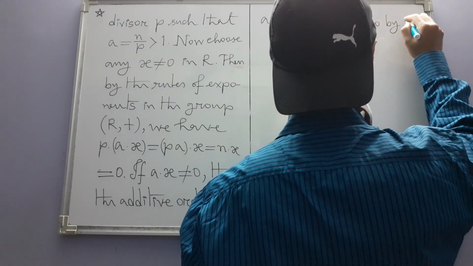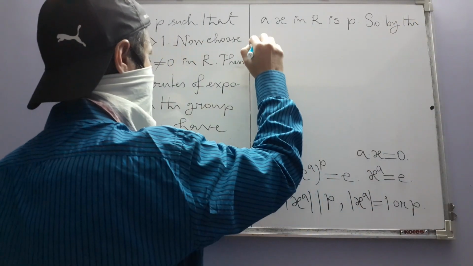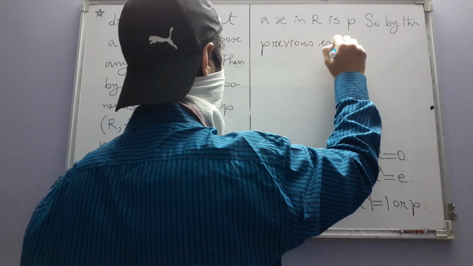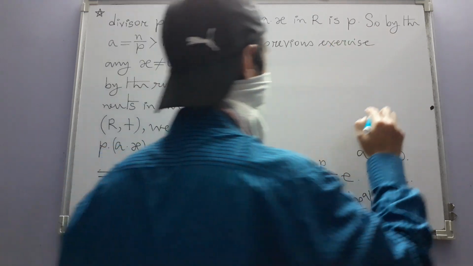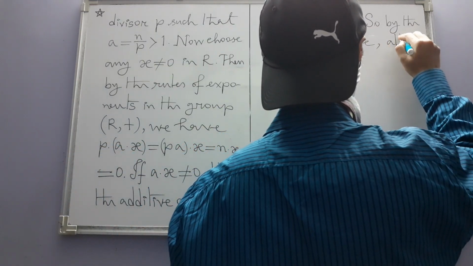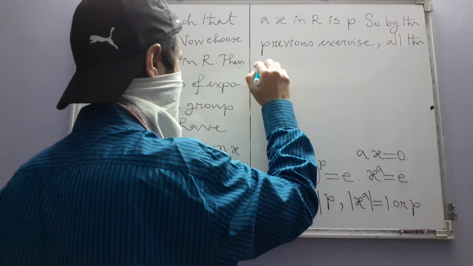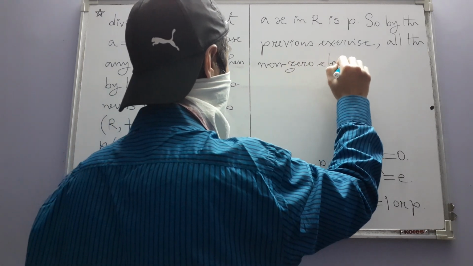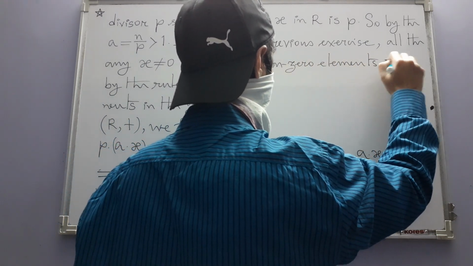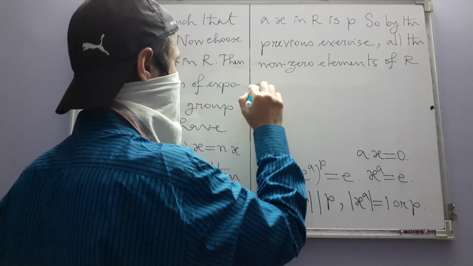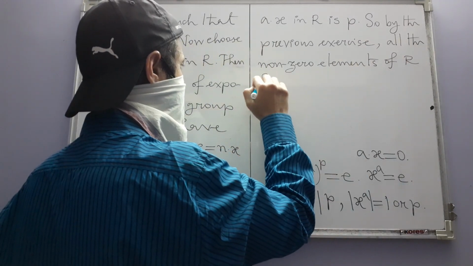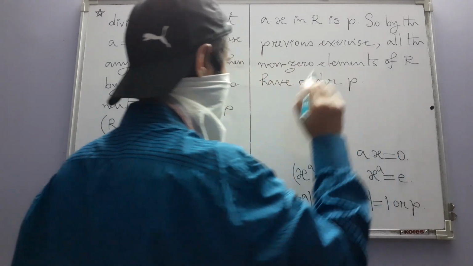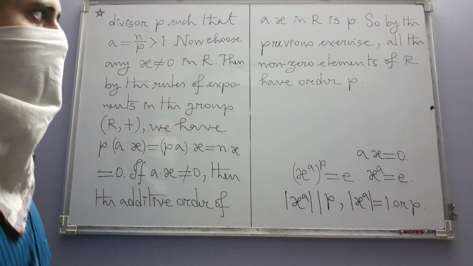So by the previous exercise, all the non-zero elements of R have order P. And what does that mean?